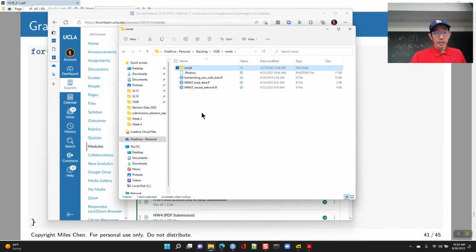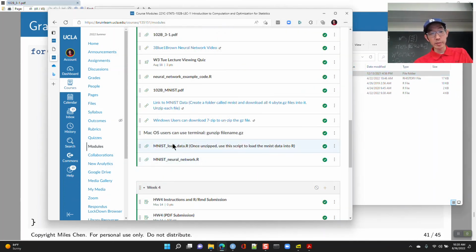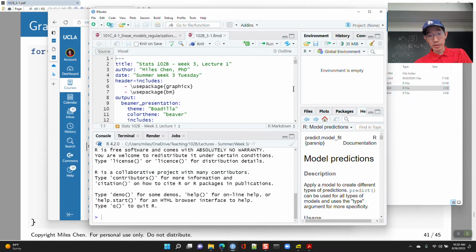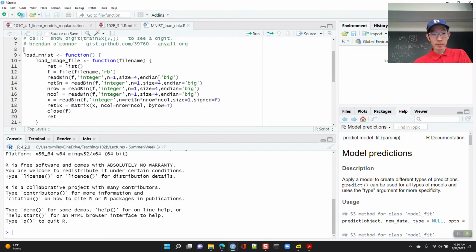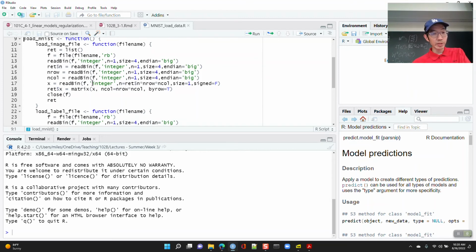Okay, I've written some scripts and uploaded them. I've got Mnist load data and Mnist neural network.r, and so we're going to do this. Don't worry about this, but this is how you would read in the data. It basically reads in this binary information.